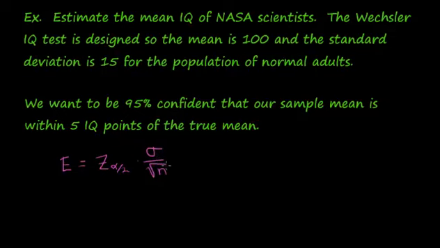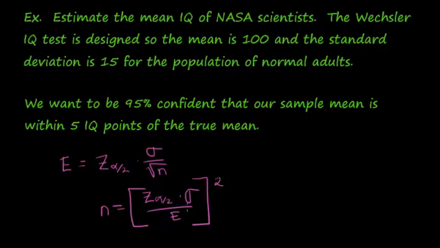And if we solve this for n, we rearrange this equation and end up with n equals this entire quantity squared: the critical value times sigma all over e, that whole quantity squared.